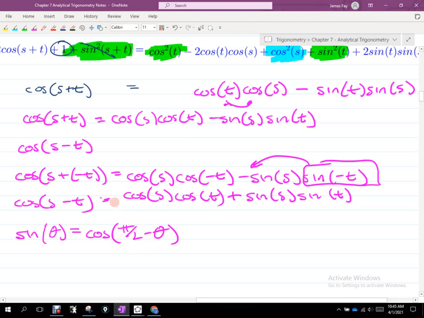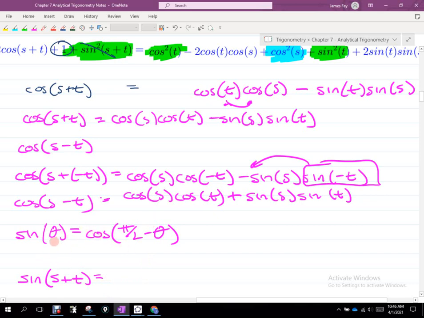We know that sine of theta is equal to cosine of pi over 2 minus theta, right? Okay, I'm going to write this. Sine of S plus T is equal to, now just bear with me here, okay?